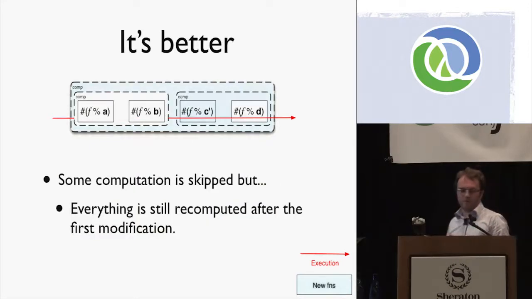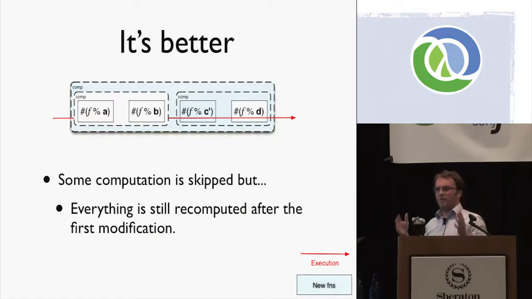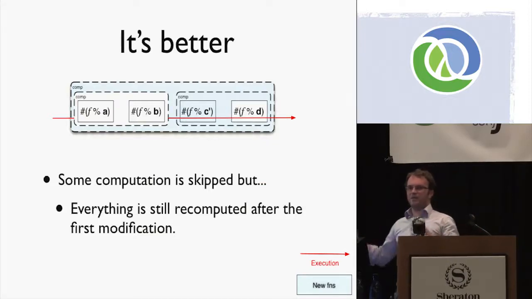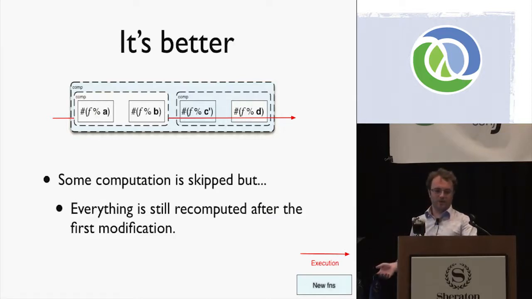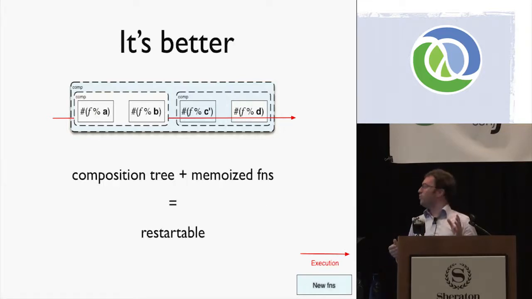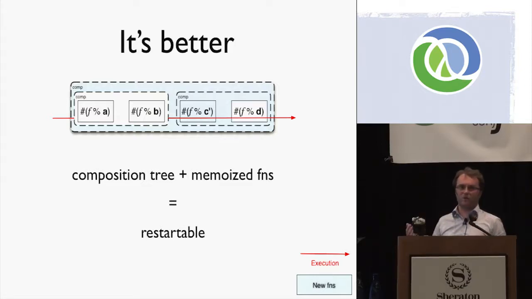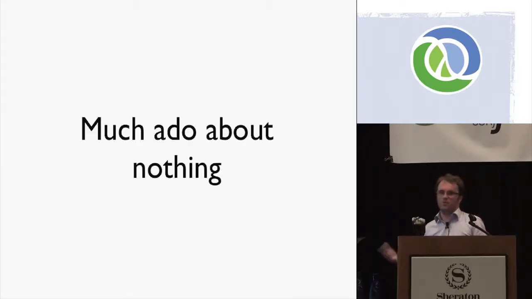So it's better, but everything past the edit, everything past the item which has been modified, needs to be recomputed. So basically, if you have the composition tree and memoized functions, you have the same behavior as for a restartable parser, but a restartable parser is far simpler to implement.